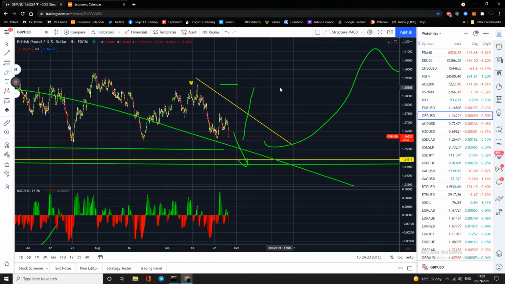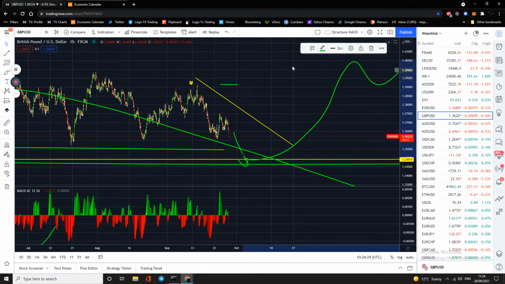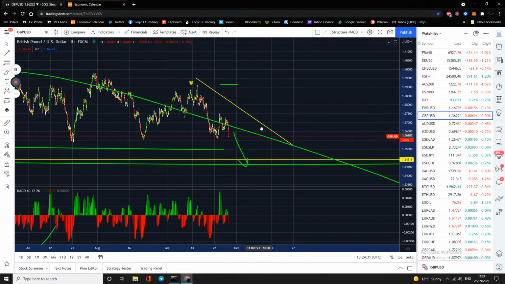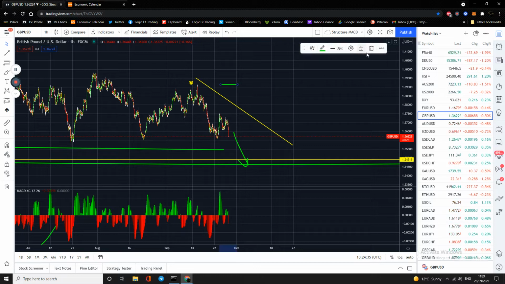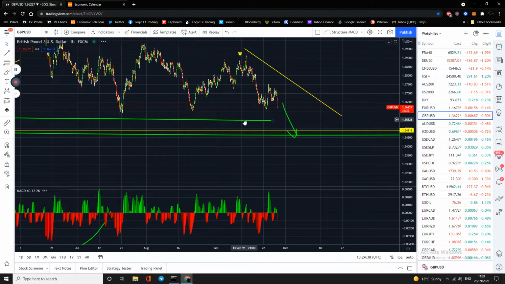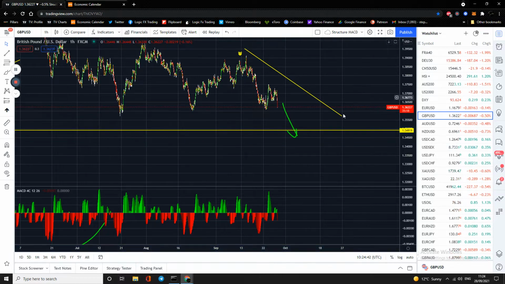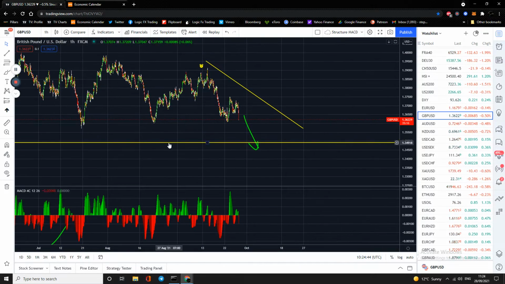Pound, well, look at the nice big pullback on the pound there today. Now, it depends on the timing of these things, guys. But really, when you're trading currencies, you're looking to get in and out. Whereas stocks, you can hold on to those for longer periods of time.